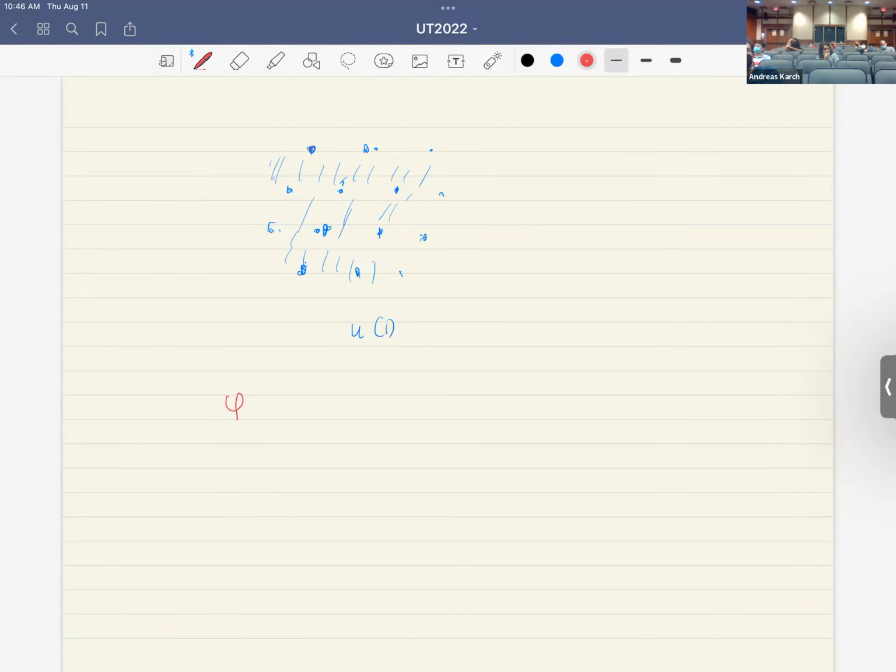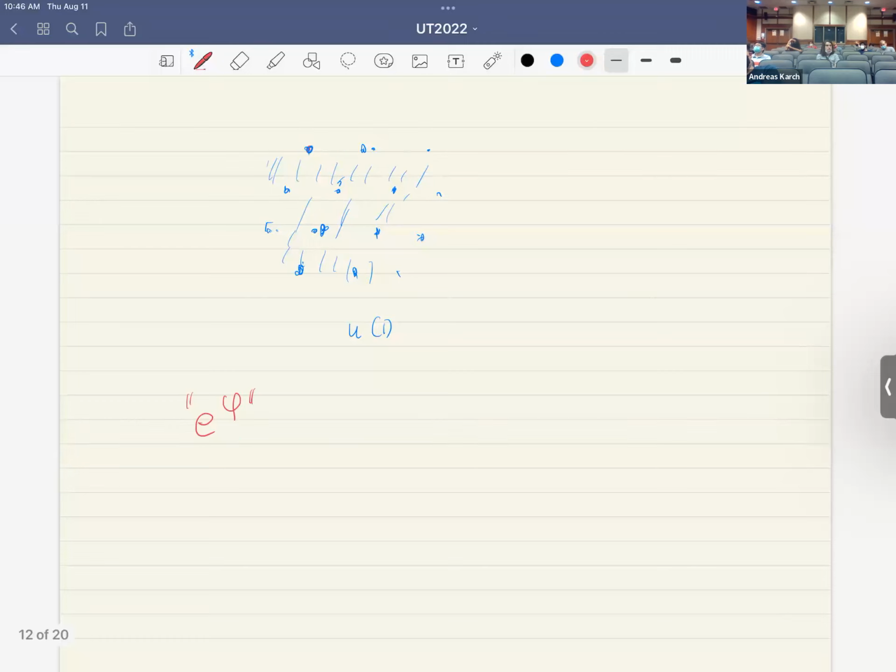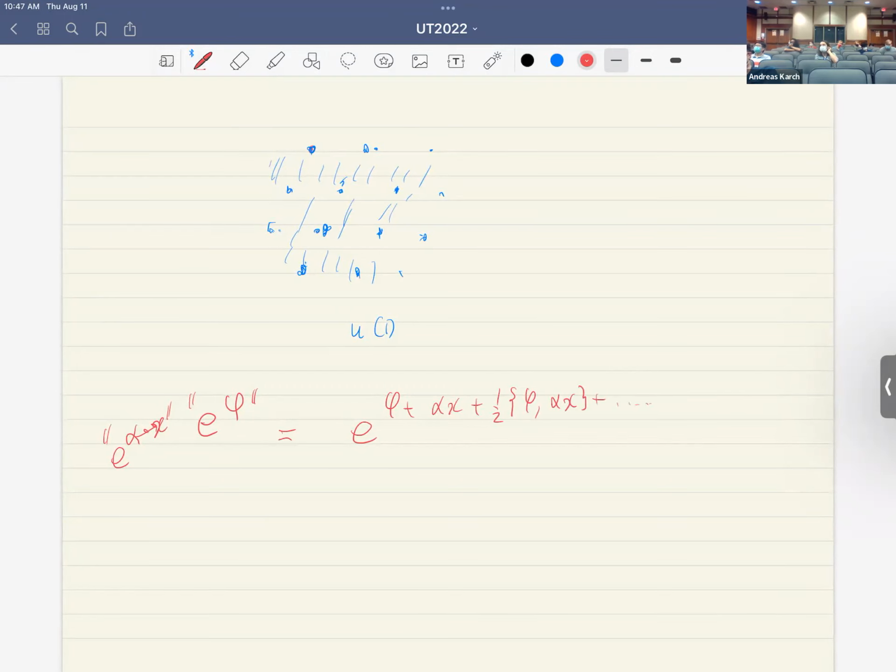So roughly speaking, this e to the phi is volume preserving diff, and you can multiply a translation or rotation on the left, like a translation that looks like e to the power of alpha dot x. Well, multiplication implies some Poisson brackets, and so when you multiply this, this becomes e to the power of phi plus alpha x, but you also get from Baker-Hausdorff phi alpha x type of term and all other terms, so it becomes nonlinear.